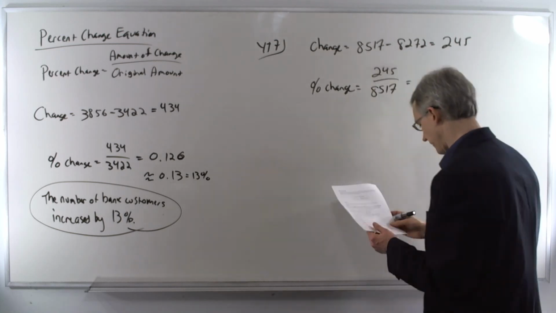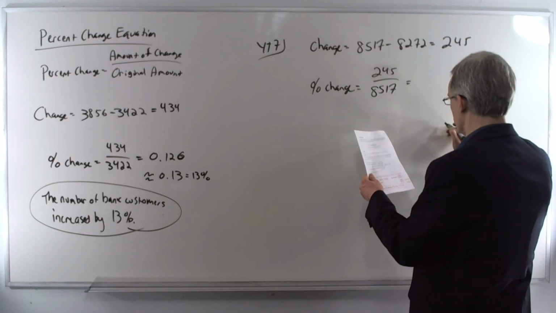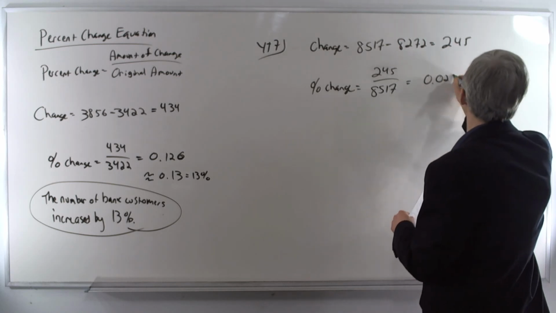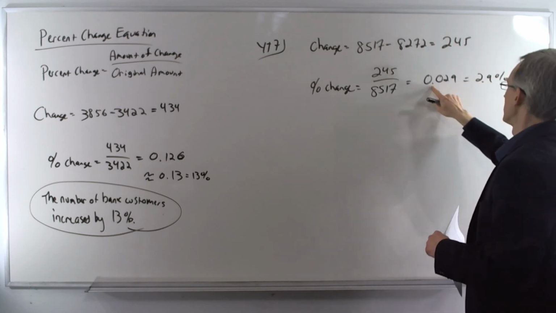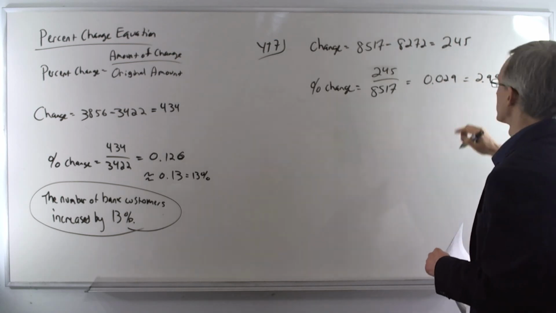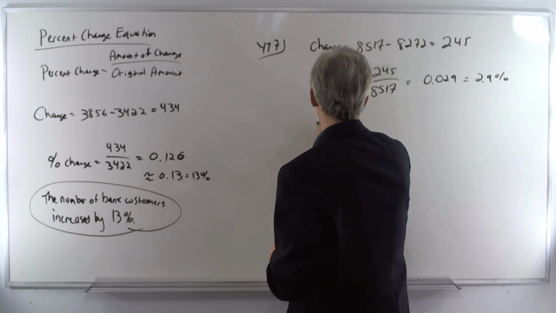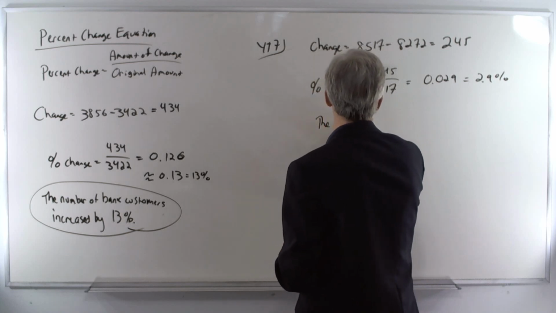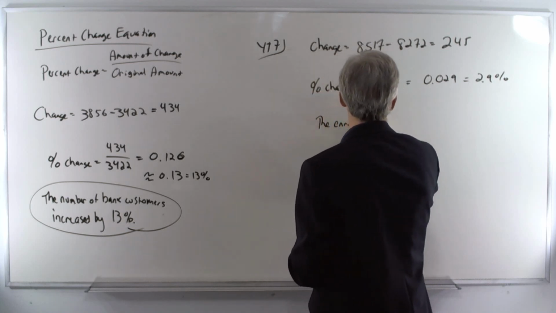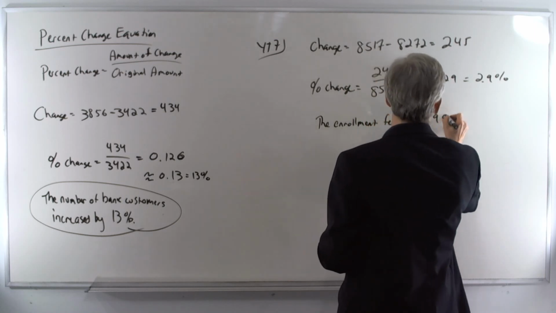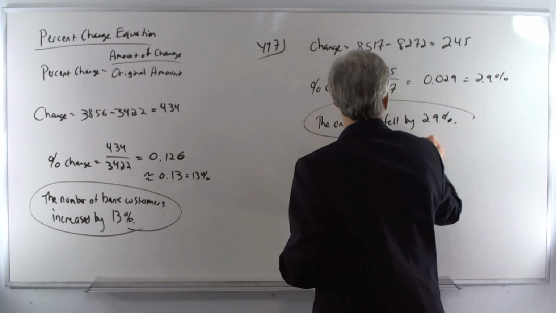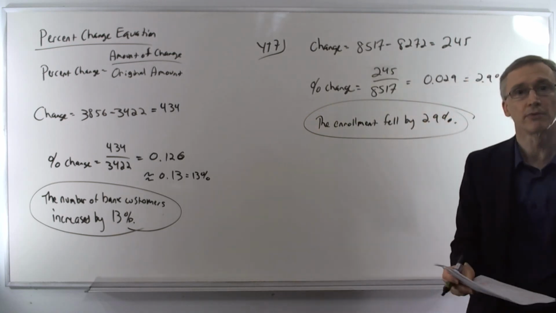All right, divide those out and we get 0.029, which is, if we take that decimal and move it to the right, we get 2.9, so that's 2.9%. Your enrollment fell by 2.9%.